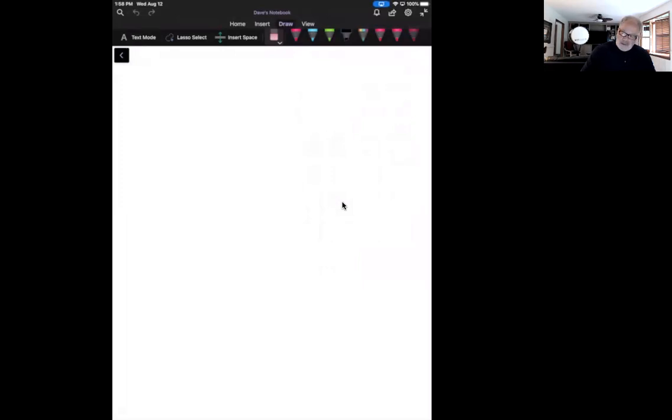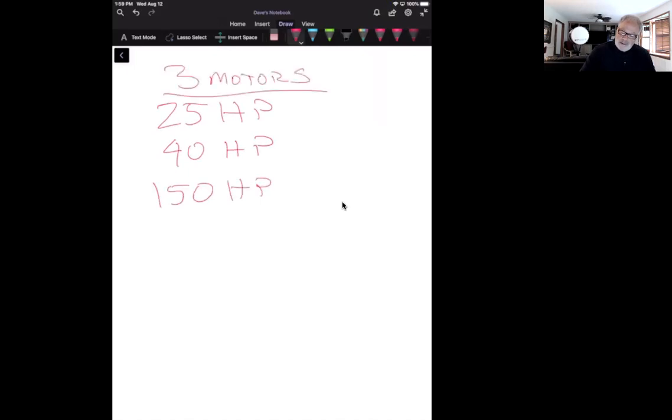Okay, so we'll write those up there. We've got 25 horsepower, we've got 40 horsepower, and we've got 150 horsepower. So here are 3 different motors, all have different ratings in terms of the power that they can deliver.